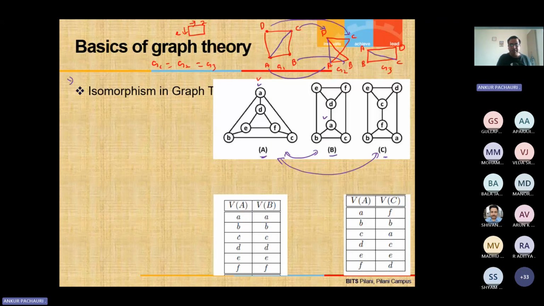This B is the same as this B. This C is the same as this C. This D is the same as this D. This E is the same as this E. And this F is the same as this F. So if we can come up with this one-to-one mapping, in which node of which graph is equivalent to which node of the other graph, then this relation is equivalent.